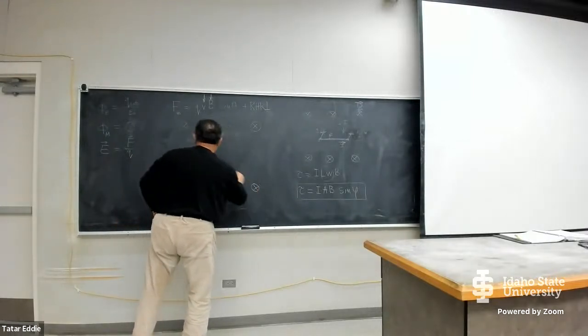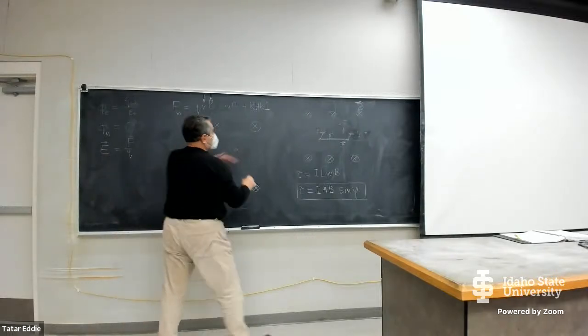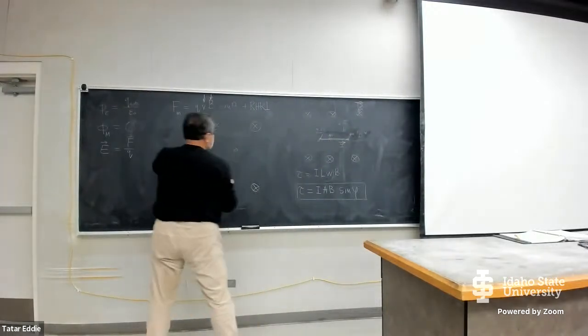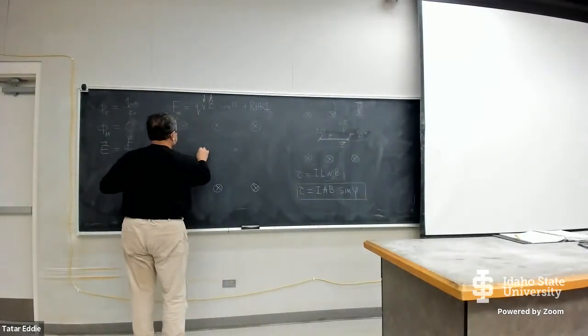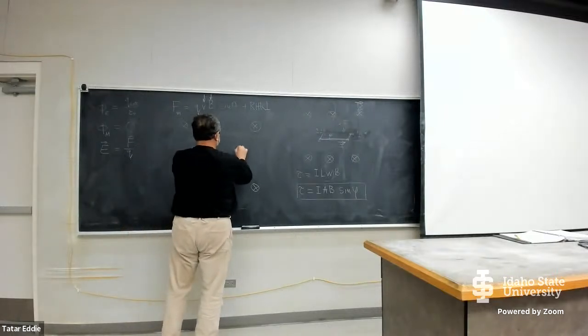But now I draw only a cross section of this frame, cut right here. So you're going to see that on this side, the current gets out of the board. On this side, the current gets into the board.